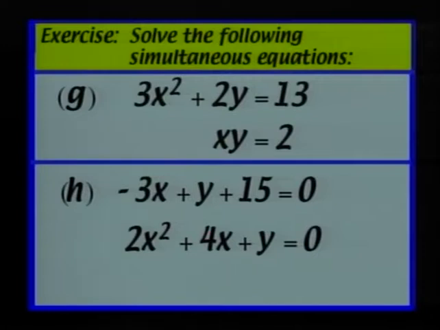It should be 3x plus 2y equals 13 and xy equals 2.